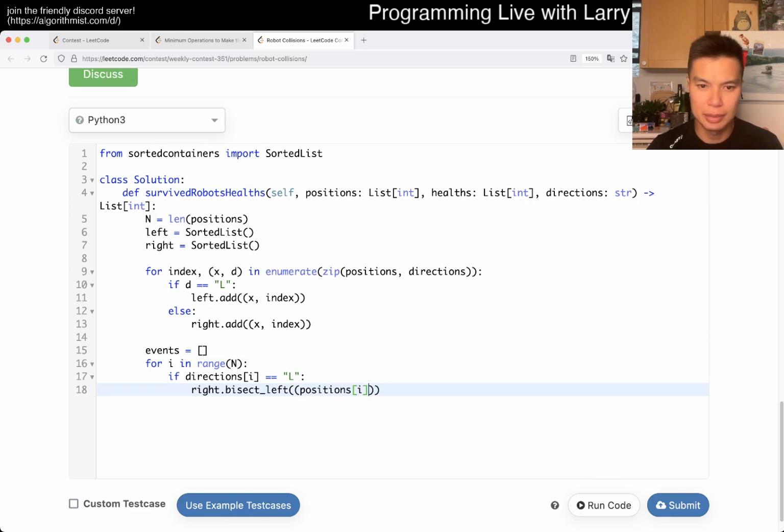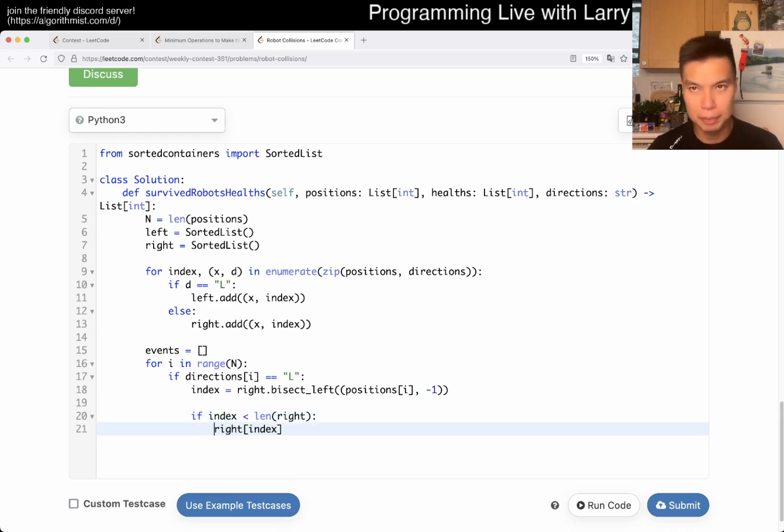Positions of I. Also, the index doesn't matter for that reason. Okay. If right, then right of index. Left will be looking at the right, so it should be that way, but I'm just going to be lazy.